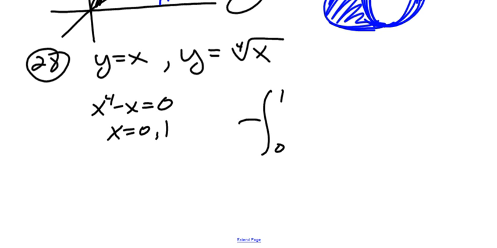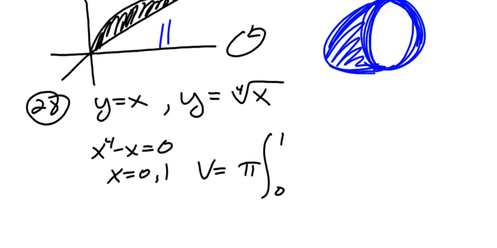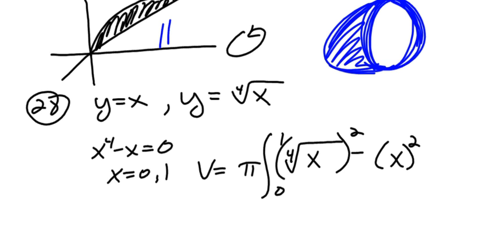We know the volume is going to be pi times the integration from 0 to 1. And then we know we're going to take the outside function or the curve, which is the fourth root of x, I'm sorry, that's what I'm missing here is the squared, minus x squared, and then the entire thing times dx.